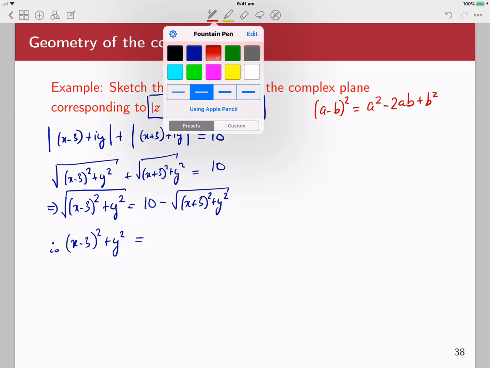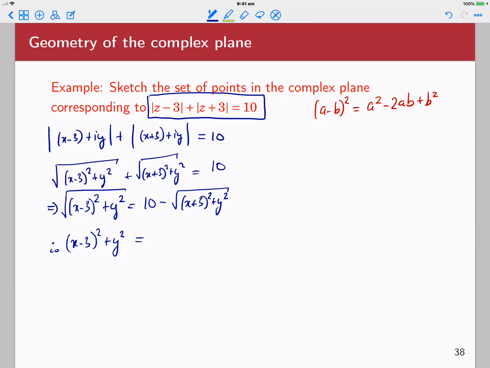So if I use that, then what I get on the right is 100 minus 20 times the square root of x plus 3 squared plus y squared, plus x plus 3 squared plus y squared, where the square root disappears now. And so a lot of things are going to cancel actually.